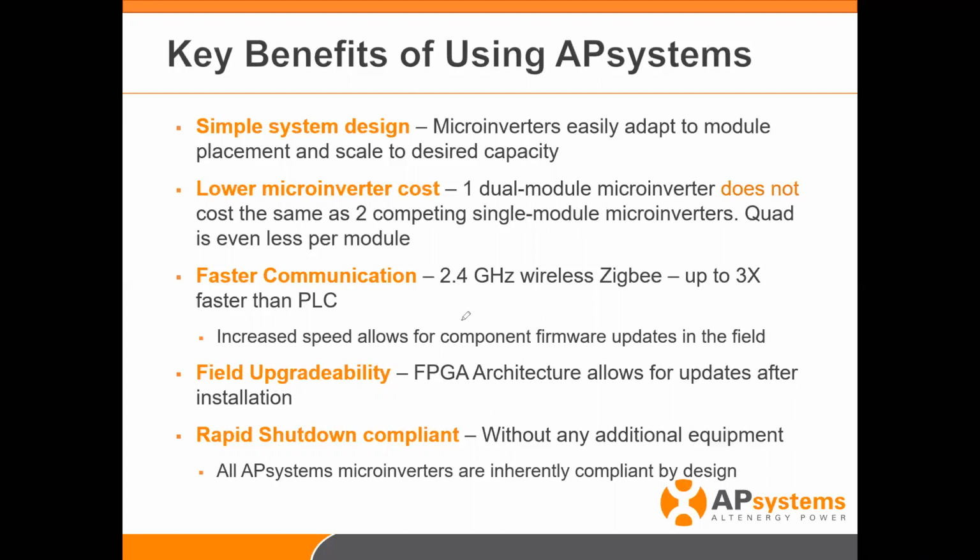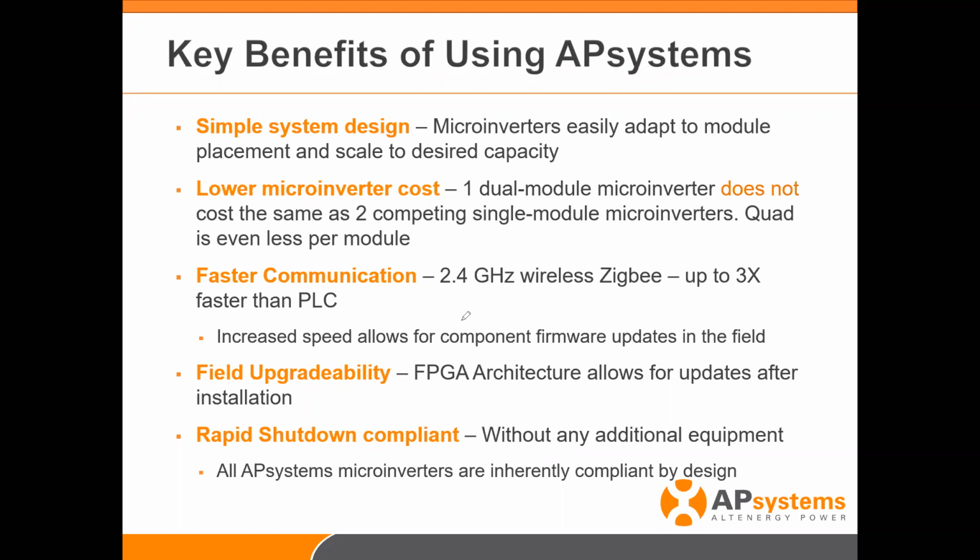Yeah, Jason, I actually want to add to that. Just under faster communication and field upgradability, I want to mention that since we introduced this Zigbee communication, we have dropped our tech support phone calls by 50%. Being able to communicate wirelessly through the air to the roof has simplified things. In the beginning, we used PLC, or power line communication, just like every other manufacturer in this industry.